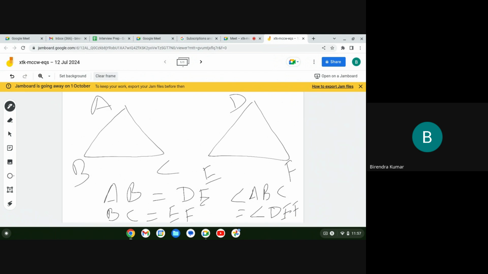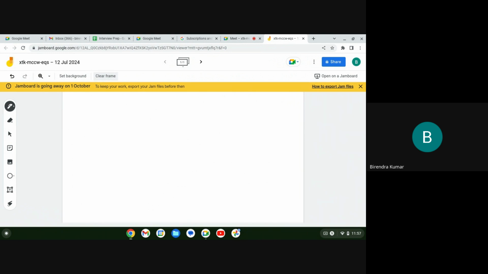Let's look at the approach for doing it. Now, if we can prove, okay, you know Hindi, right?